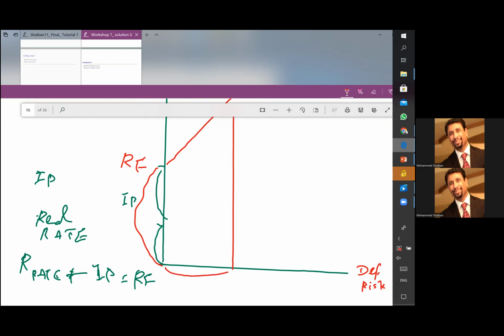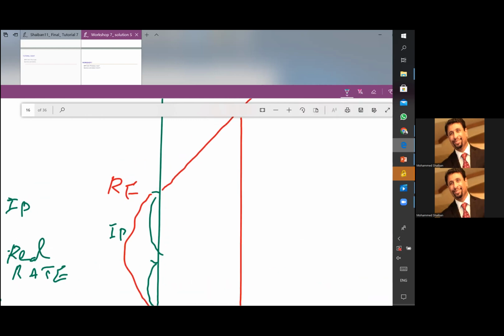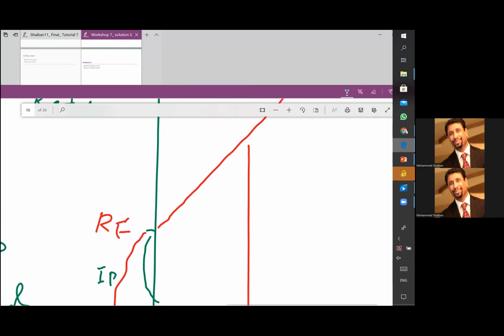Against that, I'm getting some return from this corporation here. So I'm getting this premium.